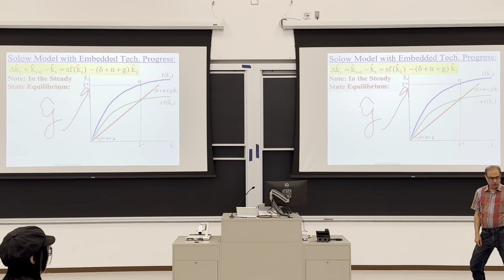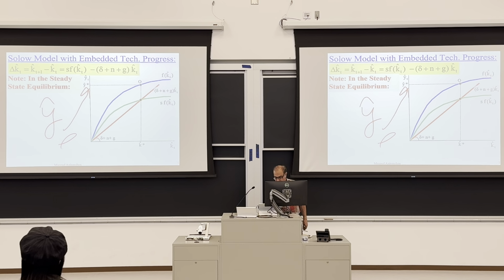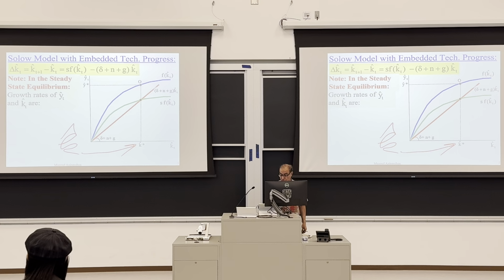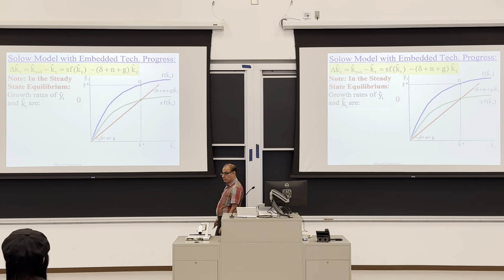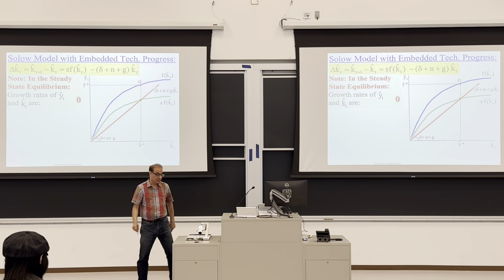Is that right? So, see? Output and capital per effective worker are fixed. So the growth rate of per effective worker output and capital is just 0. Is that right? Okay, by definition.